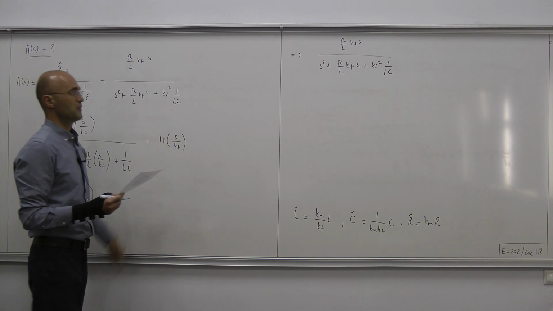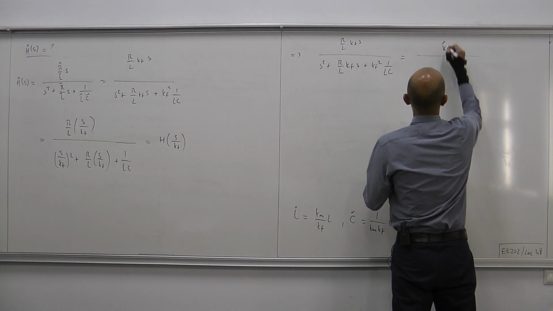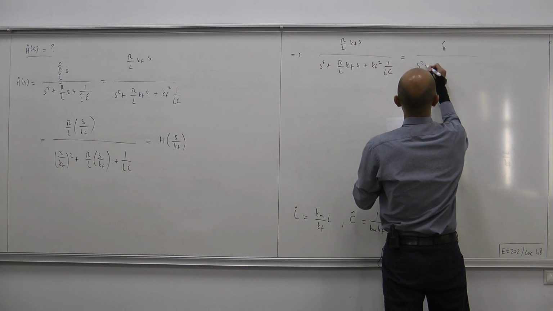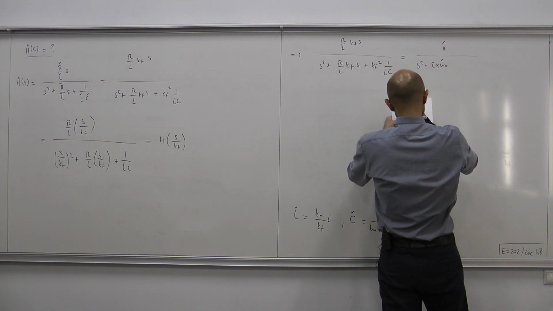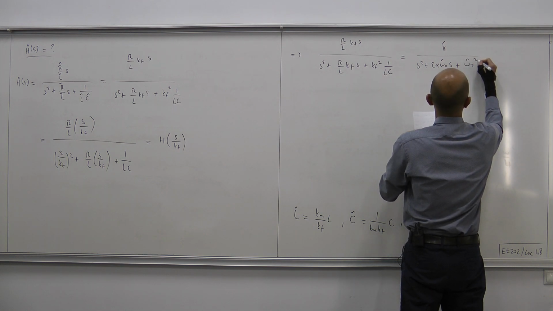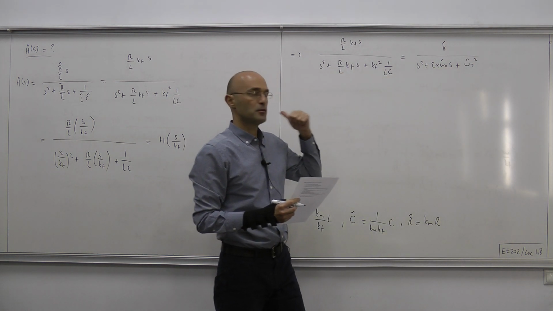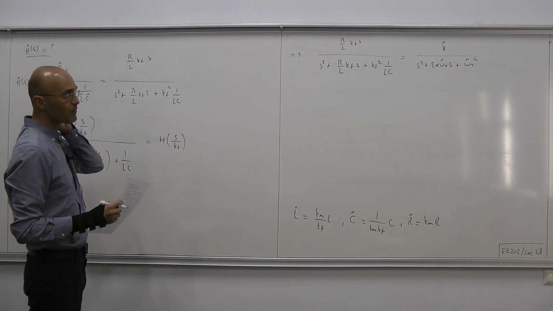Okay, we just rewrote this, and that equals s squared plus 2 alpha omega 0 hat s plus omega 0 hat squared. Okay, note that after the procedure the damping factor alpha doesn't change.